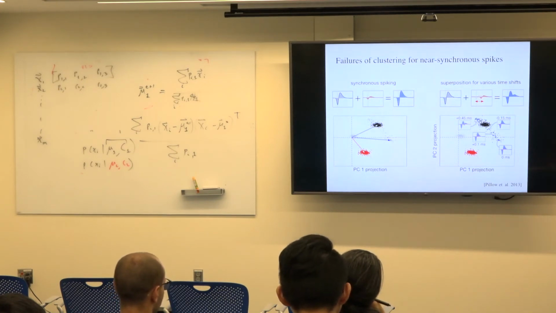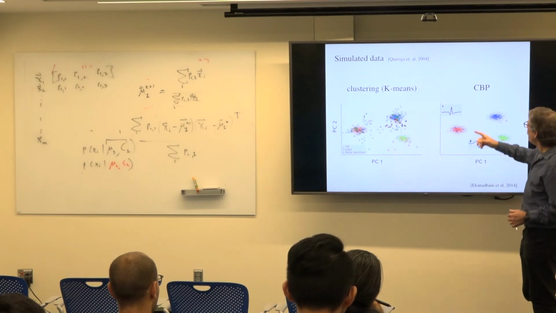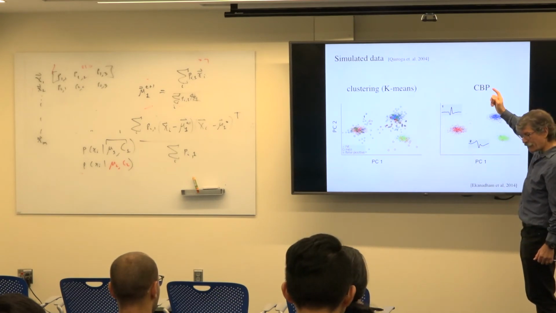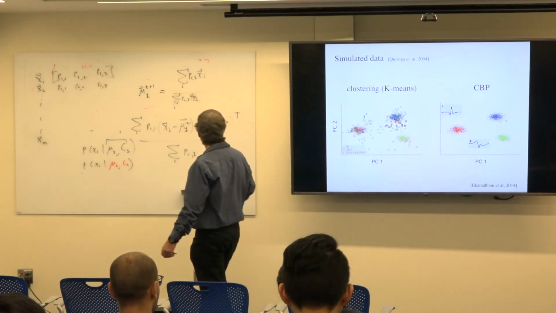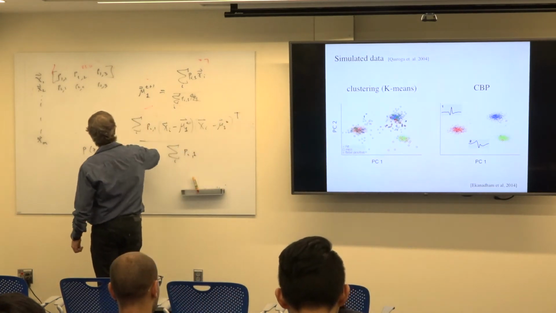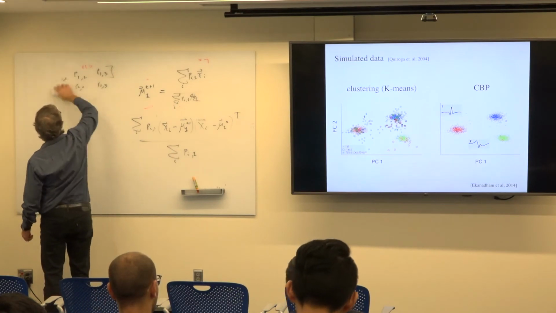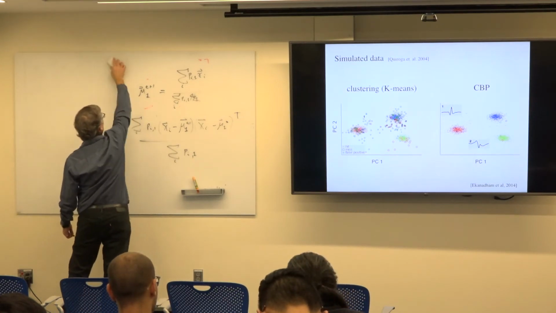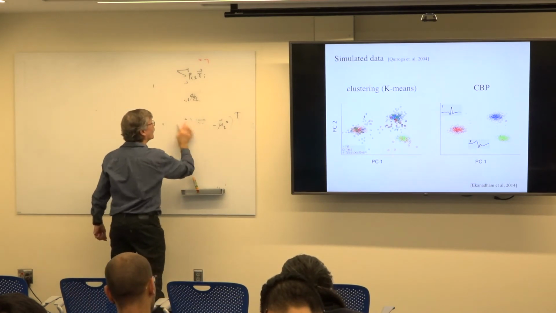There is a model that Arrow's a co-author on for this. It has the acronym for continuous basis pursuit. I'll give you just a feel for it. We're not going to go through all the math, but just to say that one can extend clustering even further based on a situation that you as an experimenter know.